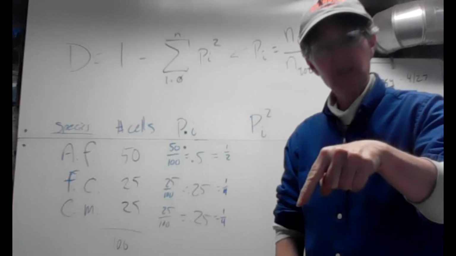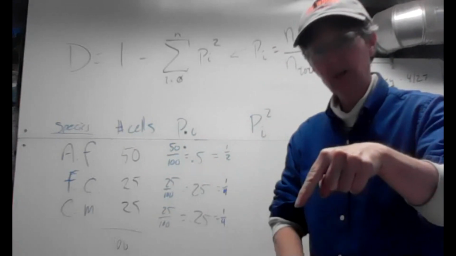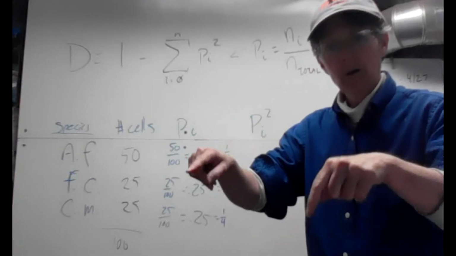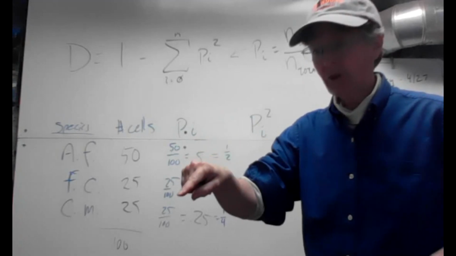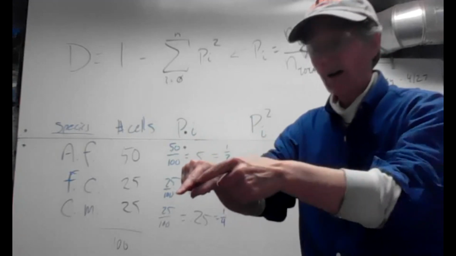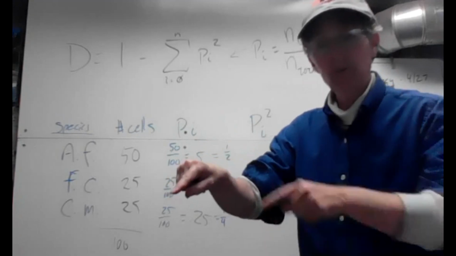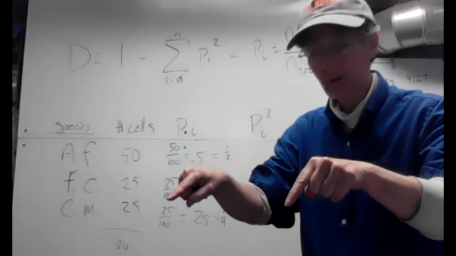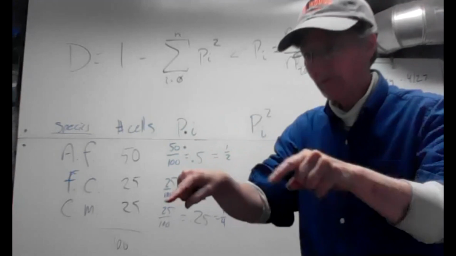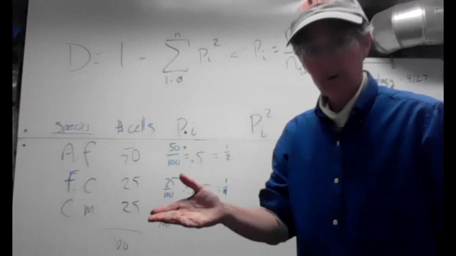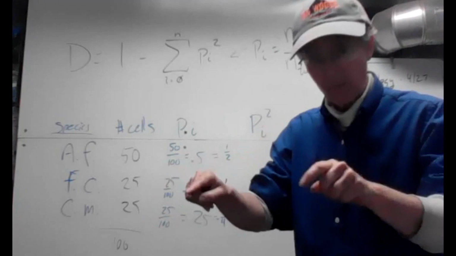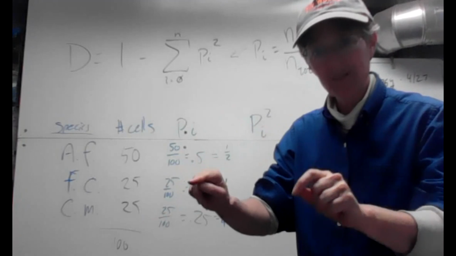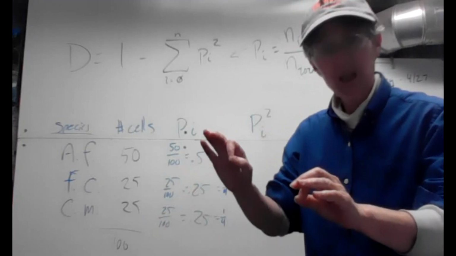Well, 50-50. Half the cells are Asterionella formosa, so there's a 50% chance. So half the time this was Asterionella formosa, and of the times that was, half of them, this was also Asterionella formosa. So a half of a half is a quarter. It's a half times a half. So the chance that both of them are the same species, Asterionella formosa, is 50% times 50%.